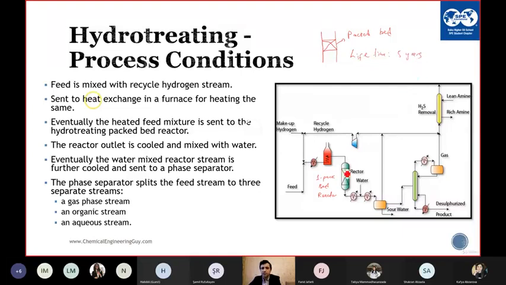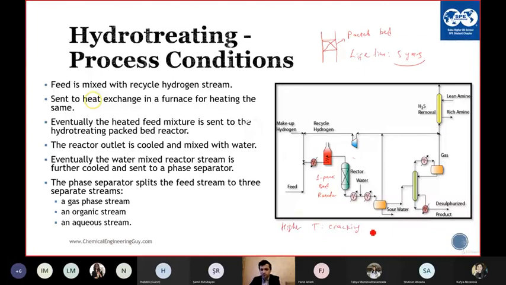So it means that once you fill the catalyst, if you keep the required operating conditions, the temperature and pressure, you can use the same catalyst for up to 5 years without change. However, if you, let's say, exceed the higher temperature, what will happen when you have higher temperature? You will have cracking.